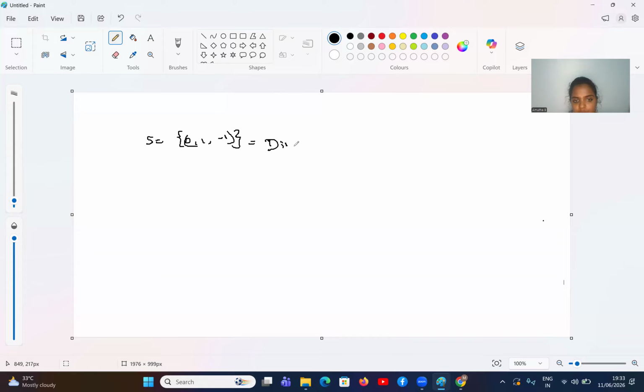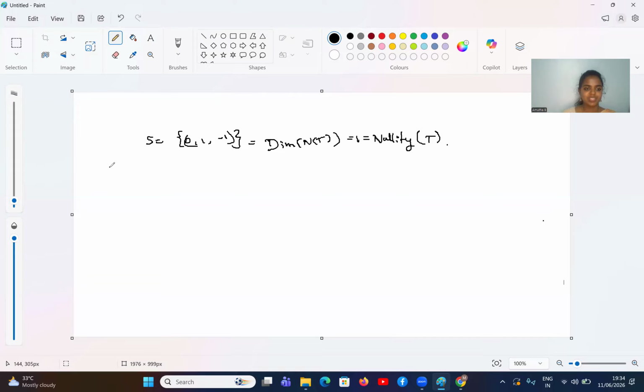So the dimension of N of T is equal to 1, which is nothing but the nullity. Just as we call the dimension of R of T the rank, the dimension of the null space is called the nullity of T. So this is the concept of null space and range space.